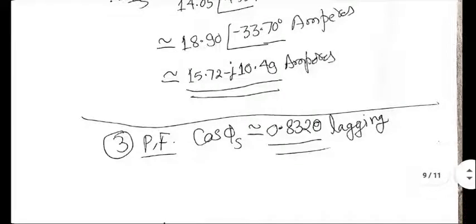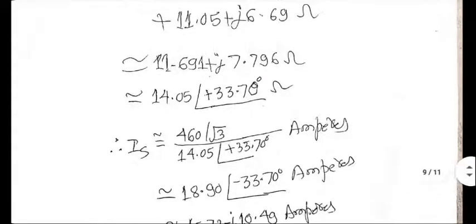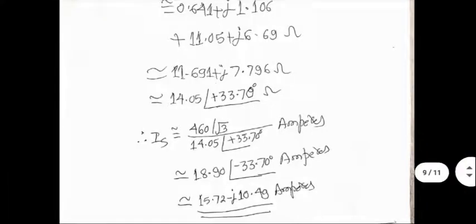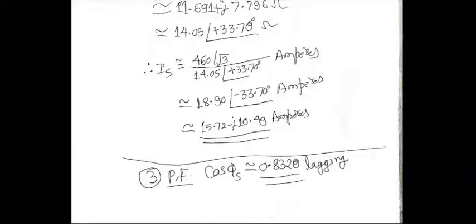Okay. Now the power factor will be the phase angle of the stator current. Cos of that actually. Okay, so do that calculation. You will get the stator power factor 0.8329.